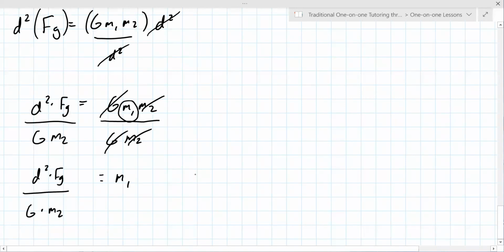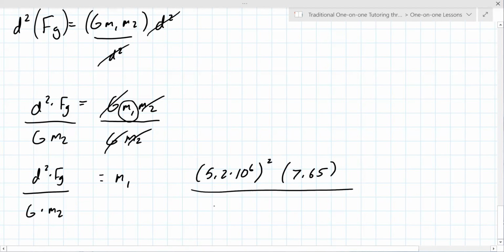So now you just substitute those numbers in. Your D is the 5.2 times 10 to the 6th meters, squared. Your force of gravity was the number we found, 7.65. G is the 6.67 times 10 to the minus 11. The mass of the person is 85.